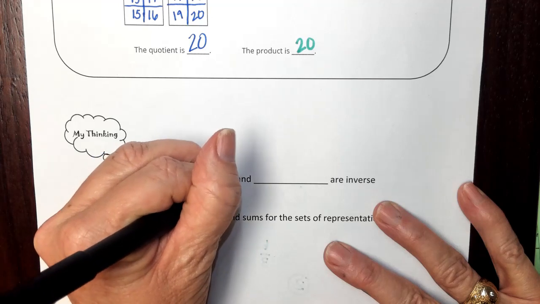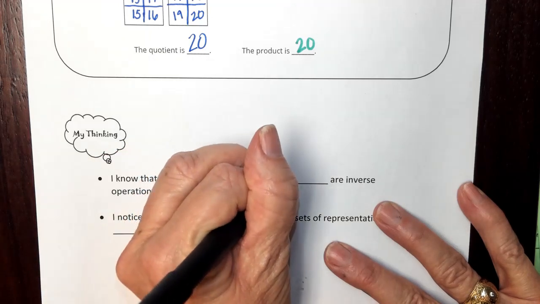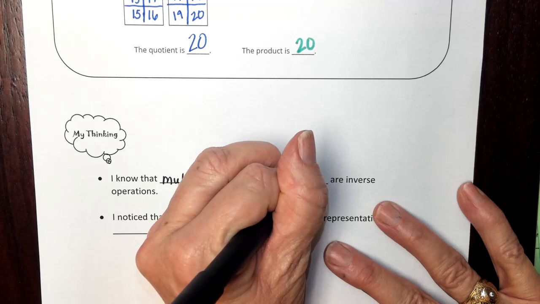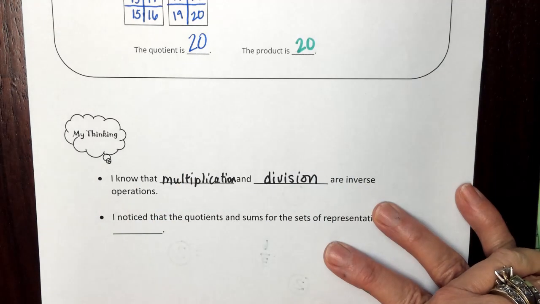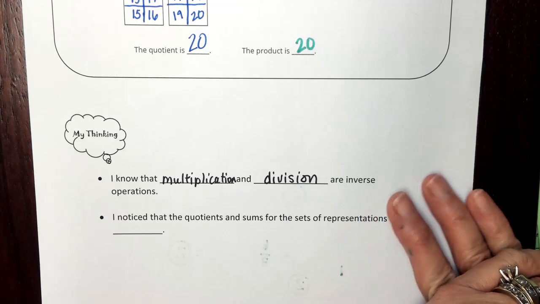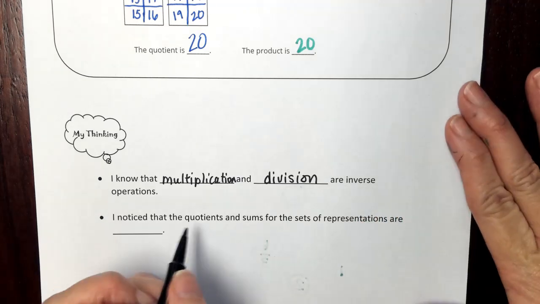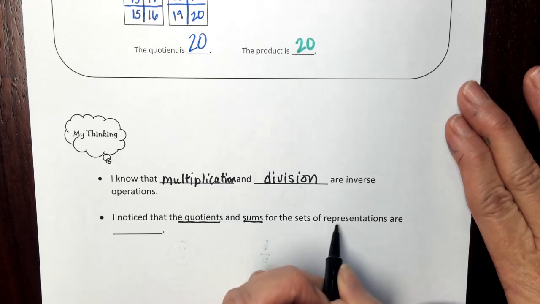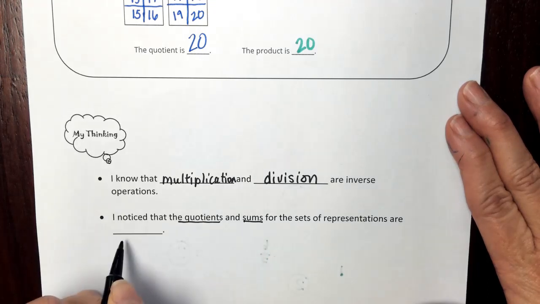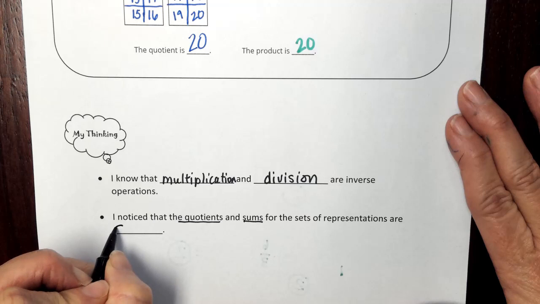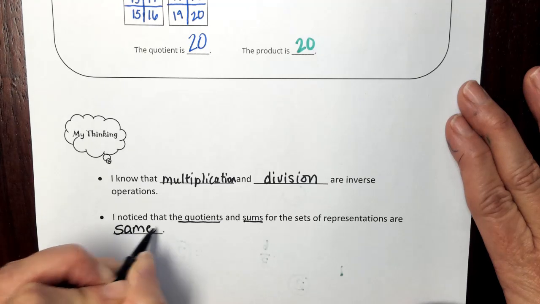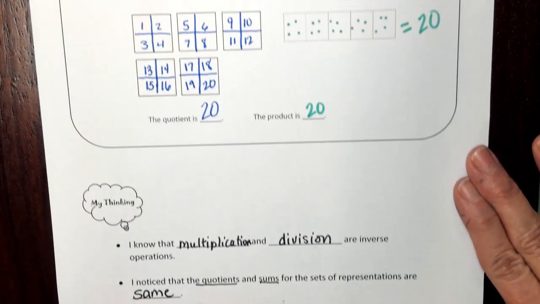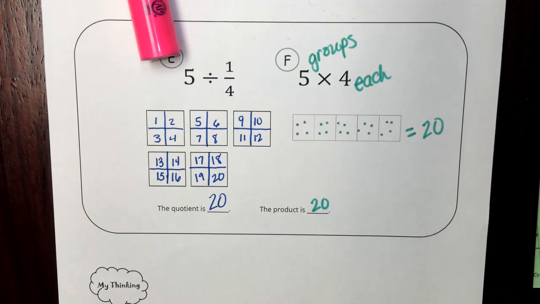Can you think of some other inverse operations that we already know about? Hamida? Addition and subtraction. And I noticed that the quotients and the products for the sets of representations are the same. So we were able to get the same answer even though, can we agree that our models are different?